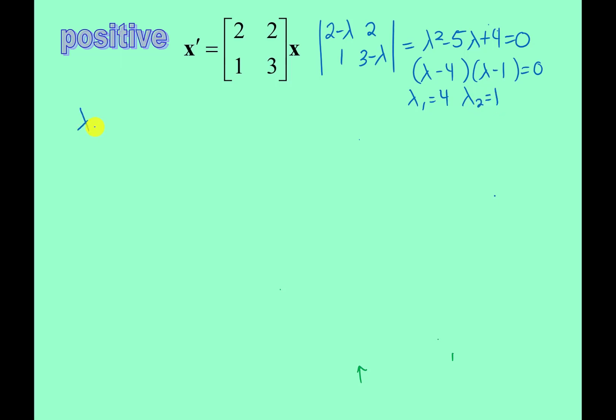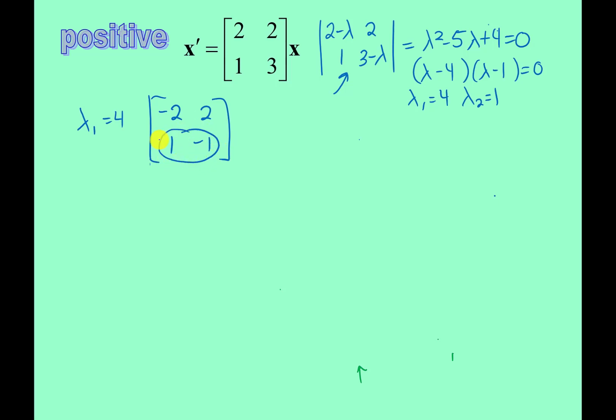Let's take that first eigenvalue of 4, and we put in our matrix A minus lambda I. 2 minus 4 is minus 2. Then we have a 2 and a 1, and 3 minus 4 is minus 1. So you can see the dependency here, and so let's put the variables back in. We know one of the rows would cancel the other one out.